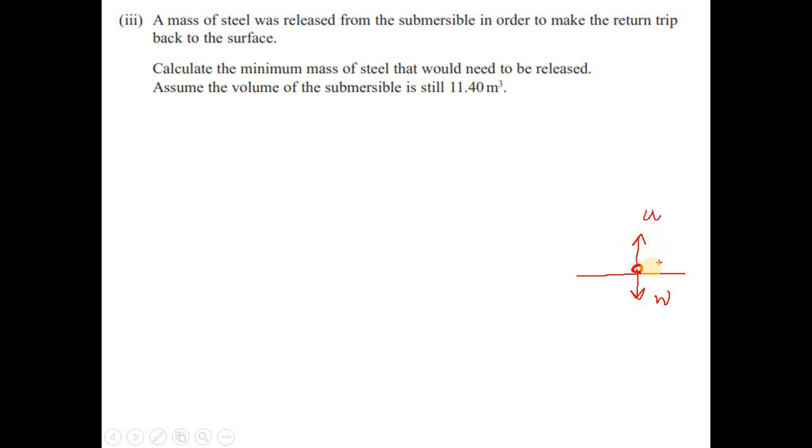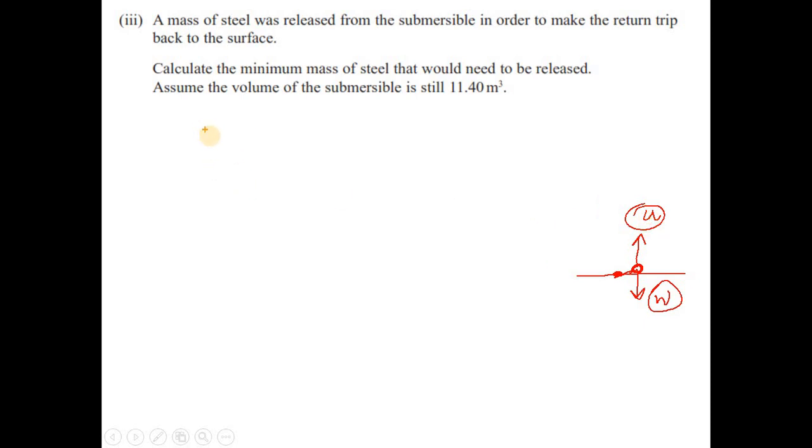To make the return trip, you need to release some extra mass from this submersible, so that upthrust is greater and it can pull the weight in the upward direction. So you must find the difference between upthrust and the weight, and this difference should be released from the submersible so that it can move upward.